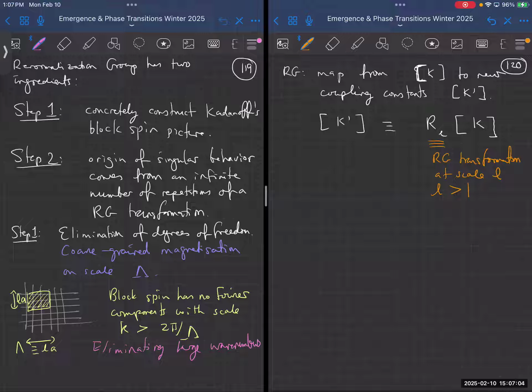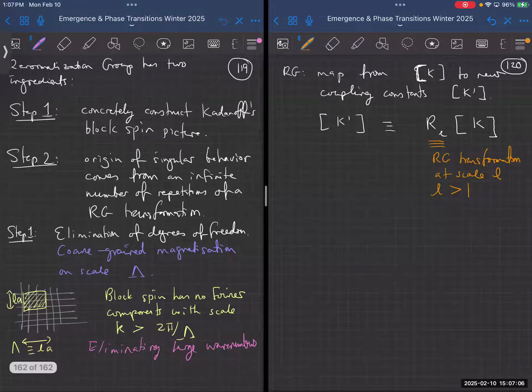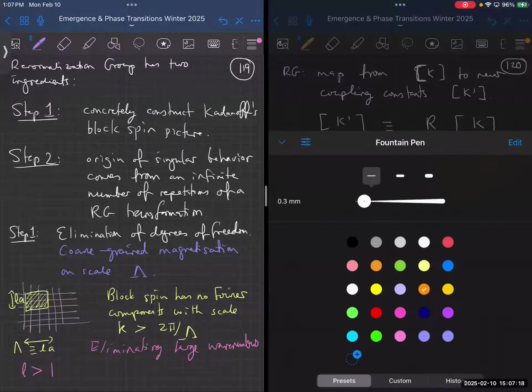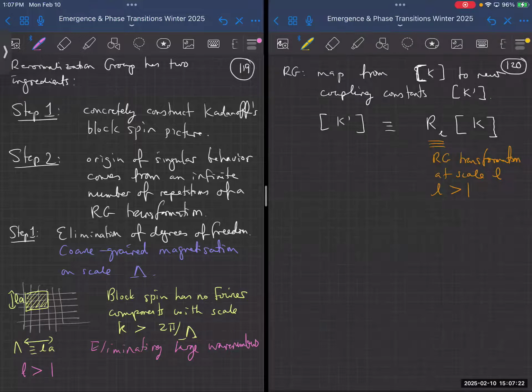So a block spin has L obviously greater than 1, and by coarse graining this, what we are doing is making a many to 1 map.